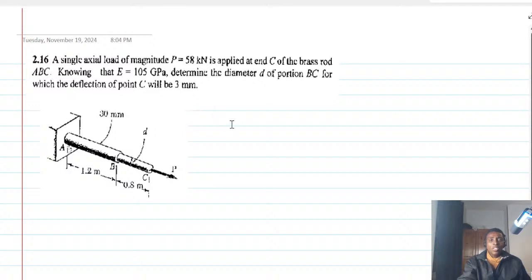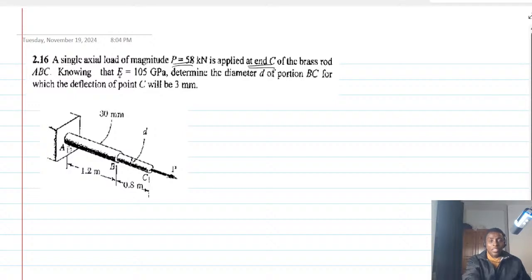All right. So it says that a single load of magnitude P, which is what? 58 kilonewton, is applied at the end C of the brass rod ABC.